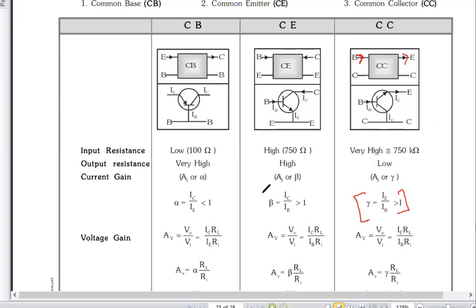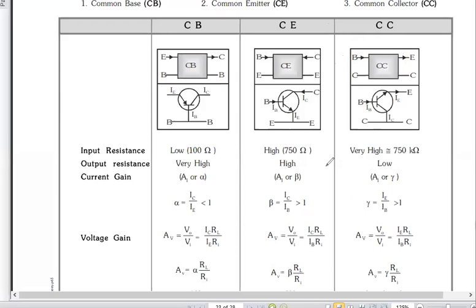This current gain is almost equal to beta because IE is almost equal to IC. So this common collector will provide decent current gain, not as good as common emitter, but decent.